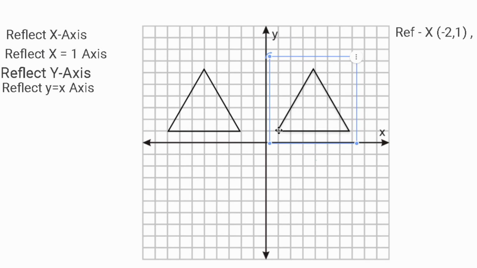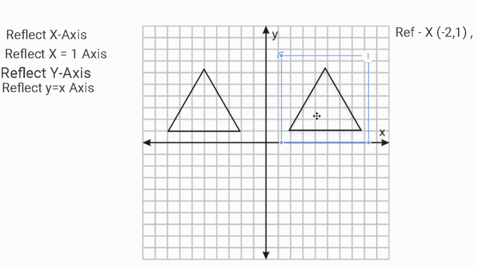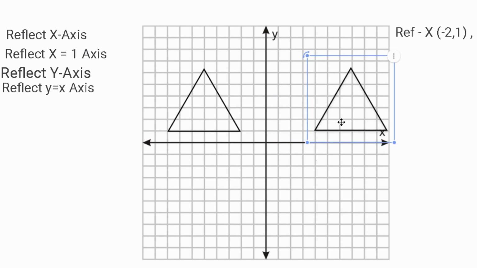So this is a distance of 1, 2, 3 to the left from this corner point. So this corner point needs to be 3 to the right. So we have 1, 2, 3.